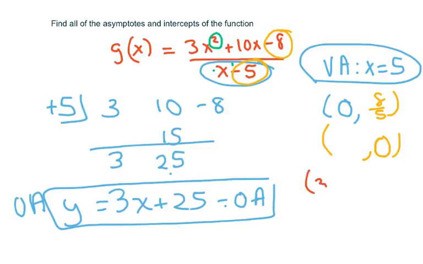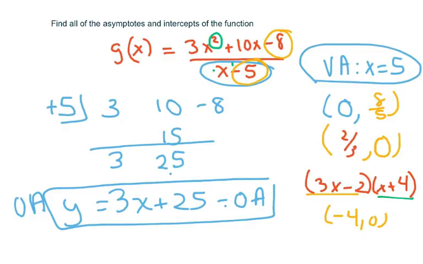Let's see what this would be. 3x, x, and we got 4. So plus 4 minus 2. So I have two x-intercepts, one would be 2/3 for this one, and negative 4 comma 0 for this one.